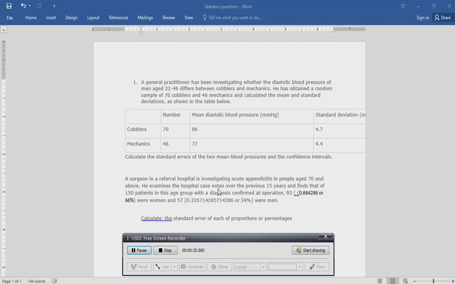He examines the hospital case notes over the previous 15 years and finds that of 150 patients in this age group with a diagnosis confirmed at operation, 93 or 0.66 or 66% were women, and 57 or 0.3357 or 34% were men. Calculate the standard error of each of proportions or percentages.